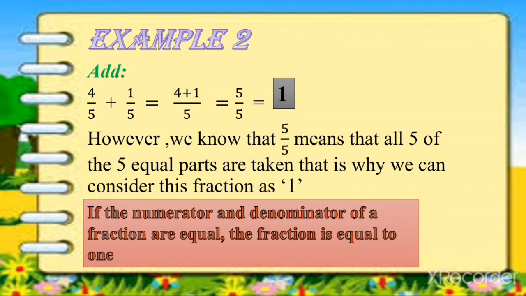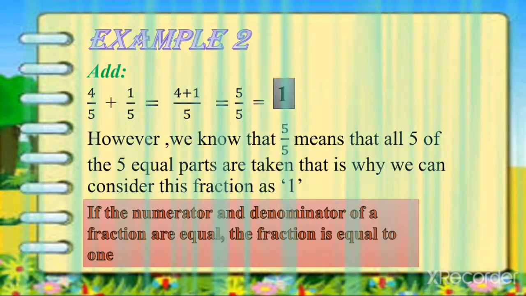If the fraction is 6 upon 6, we will consider that fraction as 1. Like 5 upon 5, if we cancel this fraction, we will get the answer 1 because 5 goes in the 5 table 1 time. Now students, I hope you have understood how to add like fractions.